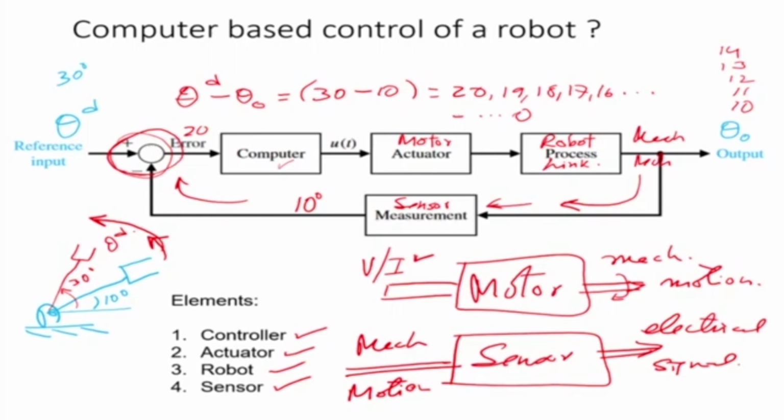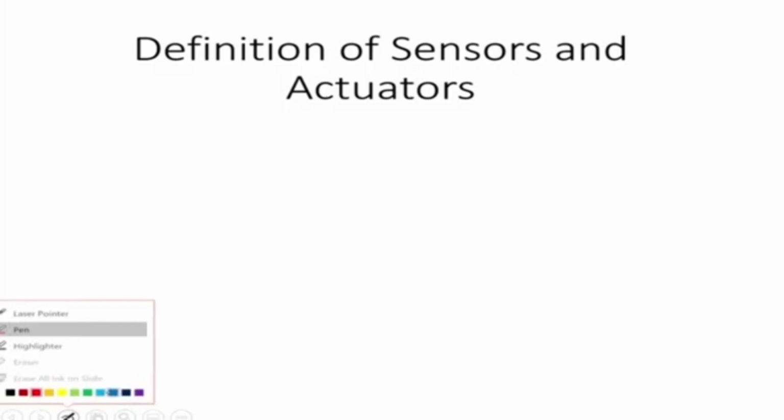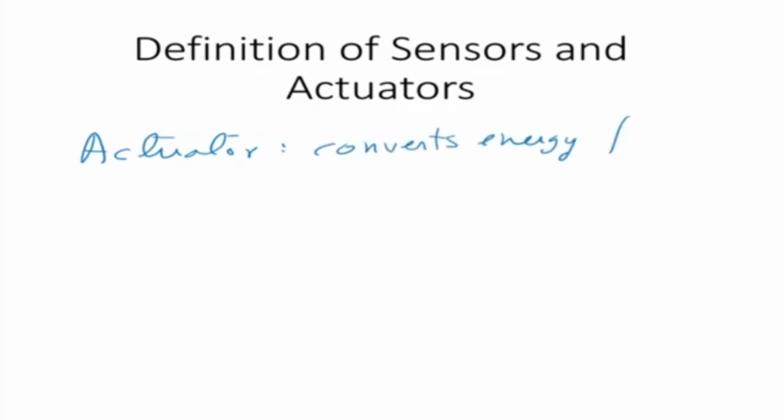So you can see very clearly what the definitions of sensors and actuators are. If somebody were to ask you what is a sensor, what is an actuator, how would you define it?